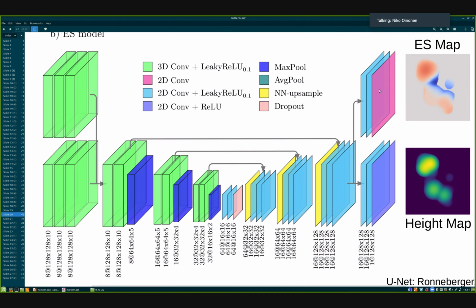But here we are going back up to the big size. So if you used a very large amount of channels also at the end, it would make the network really heavy to compute. Yeah, I still don't fully understand how the convolutions work on the right side of the network, but maybe we can look at this in more detail some other time.